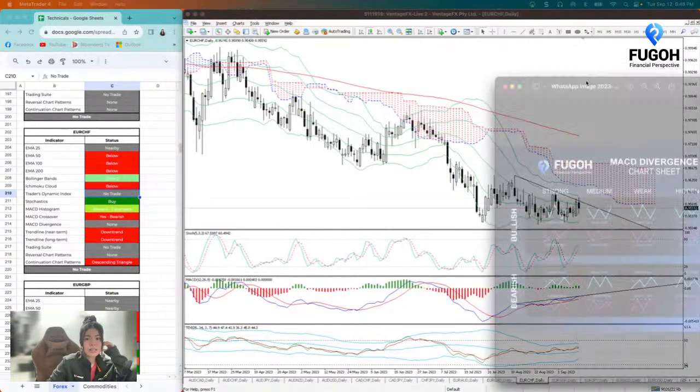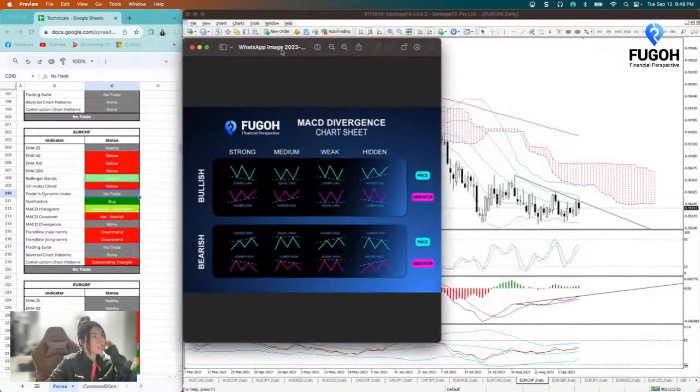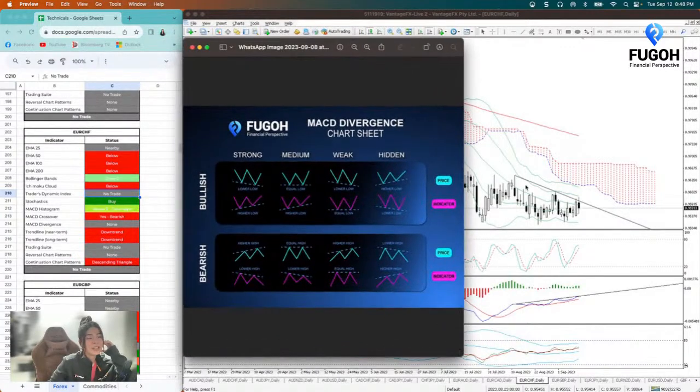So this is another. Let's go back to our cheat sheet, guys. Lower high, lower high, lower high, and then higher high, lower high, higher high. All right, so this is a bearish hidden divergence. Can you see, guys?